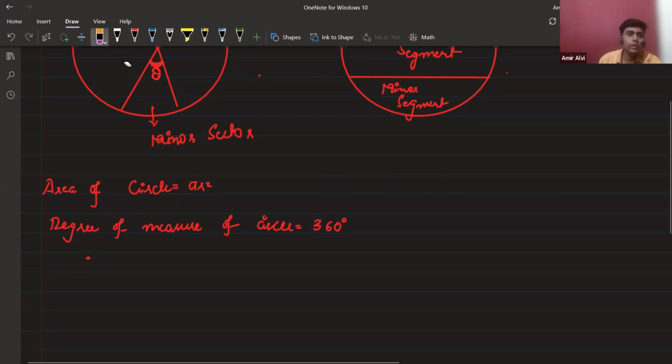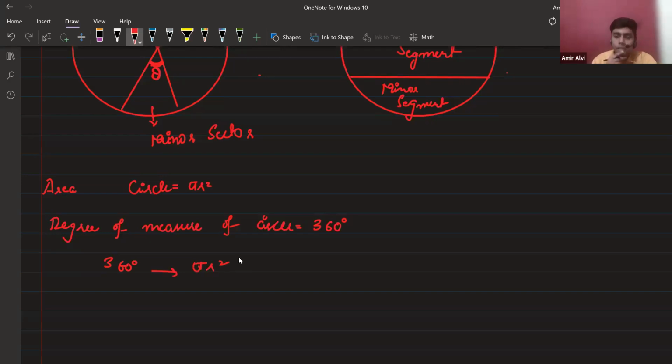Let's apply the unitary method to find the area for theta. Suppose 360 degrees is covering the pi r square. If I want the value of 1 degree, I divide the whole area by 360. Yes or no?